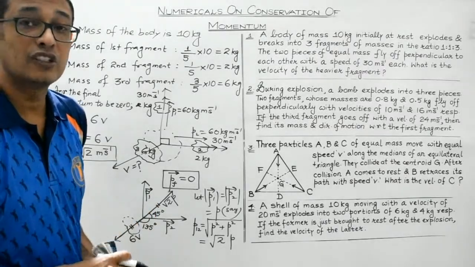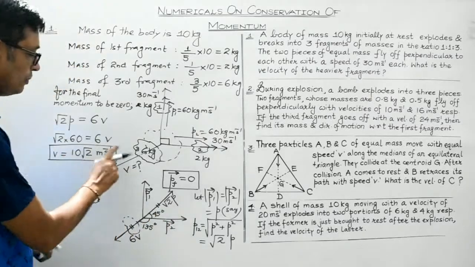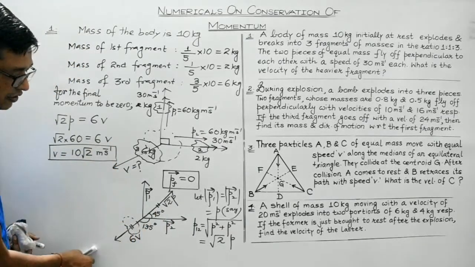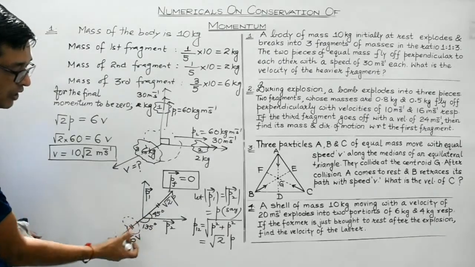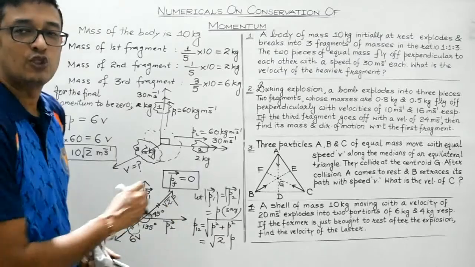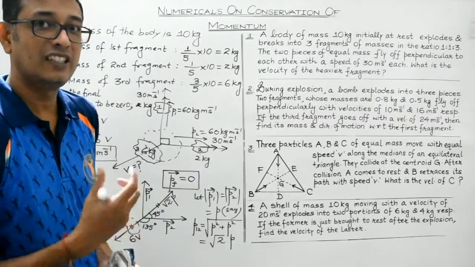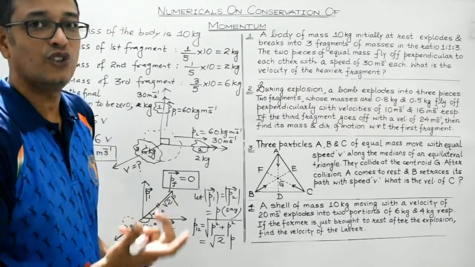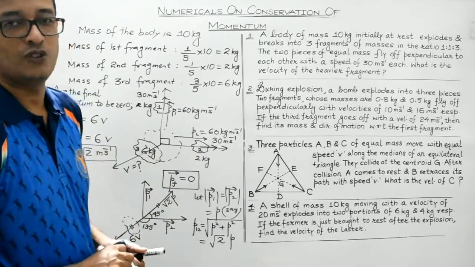It should possess a velocity of magnitude 10 root 2 meter per second, and third fragment must move along this direction, so that the momentum of the third fragment is exactly balanced by the resultant momentum of the first two fragments. It is only then the momentum will be remaining conserved. So this is how such questions are to be solved.